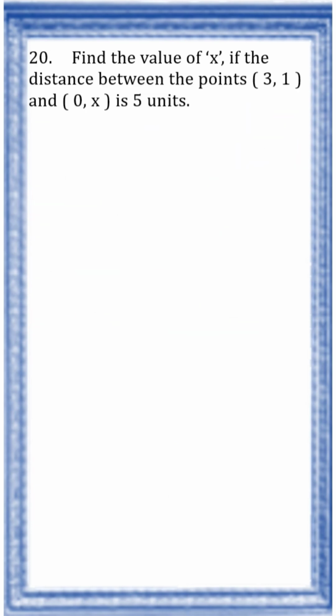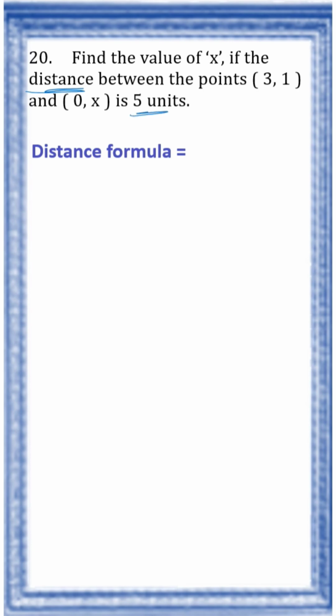Now let us move to the 20th question. Find the value of x if the distance between the points 3, 1 and 0, x is 5 units. We can find the value by using the distance formula because they haven't given the distance.